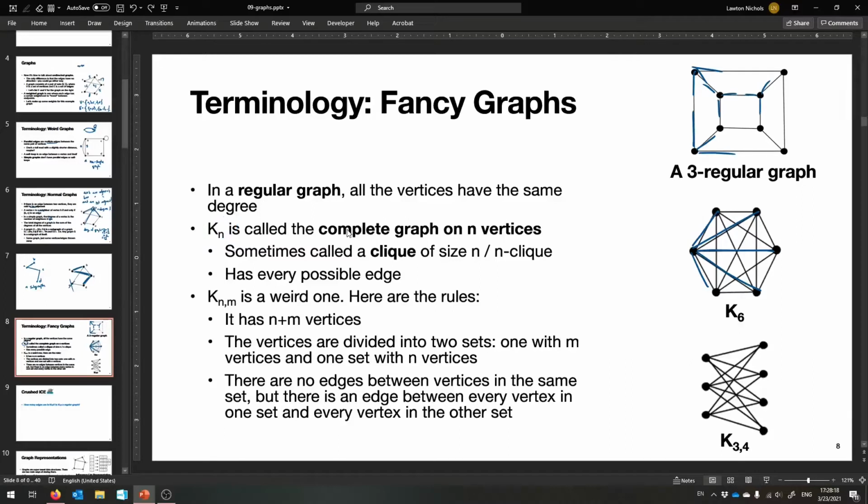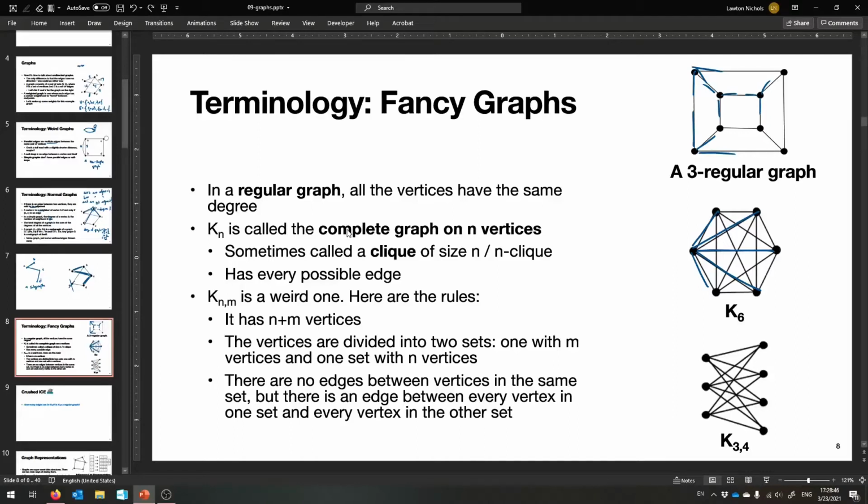And then another weird one that's very important for an algorithms class that you will take eventually is K of n comma n. This one is an odd one. It's complete in the sense that there's a partition between 2 different sets of vertices.